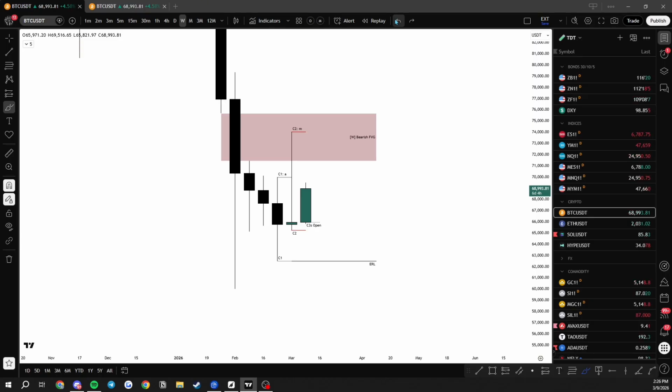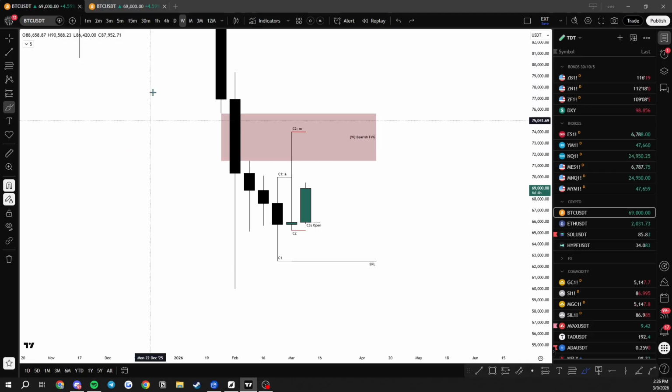That could be a monthly open, a weekly open, a 4-hour open. It makes framing manipulation and distribution significantly easier when you're looking at the open.